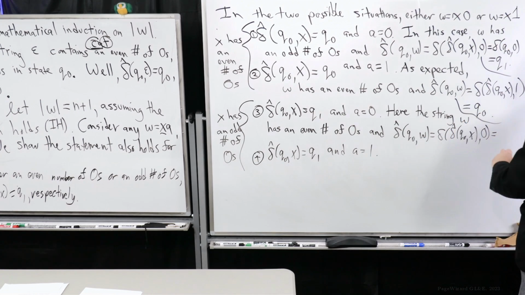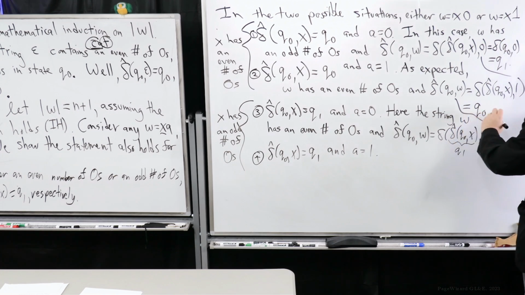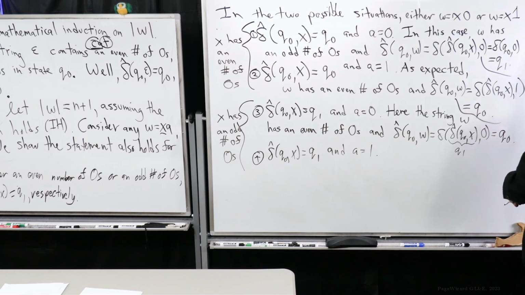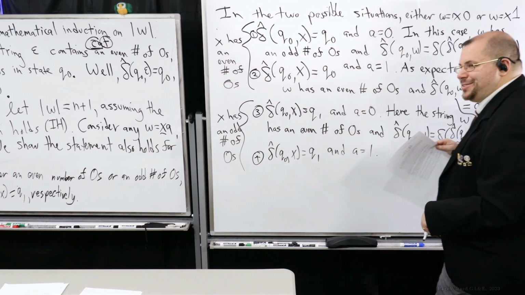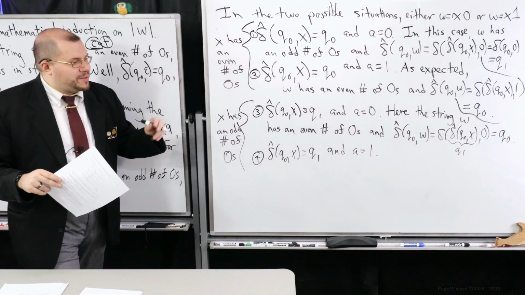So this right here, we already know is going to end up being Q1. And I'm reading a 0, and that leaves me in Q0, which is exactly what you'd expect to happen if we want to ensure our invariants are in place, both of them.